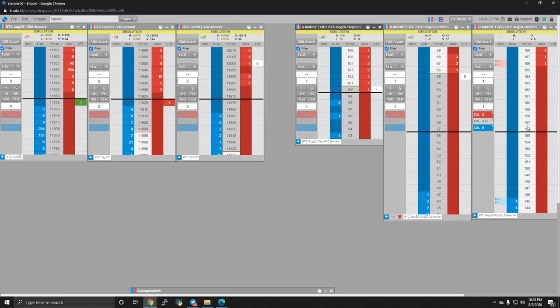And so now you can see in this simulator, we are the best bid and the best offer in the Bitcoin listed calendar spread for August, October, and it's a very wide spread. Also recall that the Bitcoin listed calendar spreads are reduced tick, so it's going to be $5 a tick and $25 a nickel price.